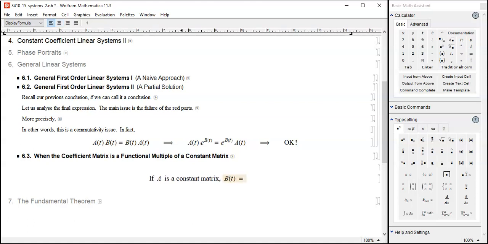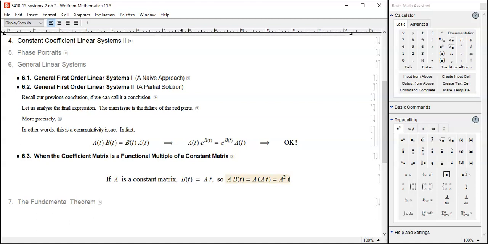B of t, which is the antiderivative matrix, is just A times t. So A times B of t is actually A times A t, which is A squared times t.